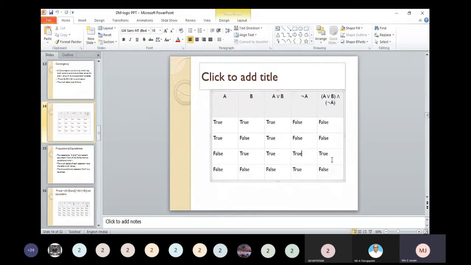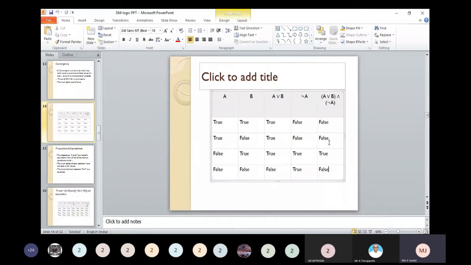This is the conjunction, and the remaining entries are false. Now see the last resultant column. Some false values and some true values exist. Therefore, this is called a contingency.